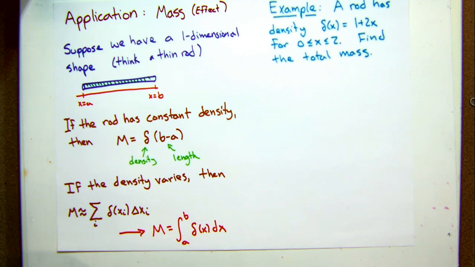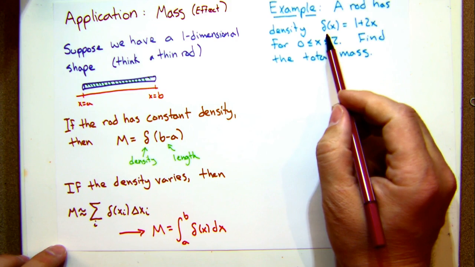All right, good. Well, let's try an example. I have a rod, and it has a density of 1 plus 2x. So this is a density which varies. And this happens to be a rod with length 2. The question is, what's the total mass?